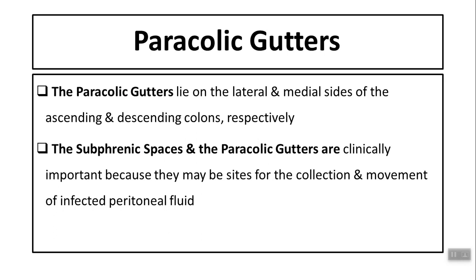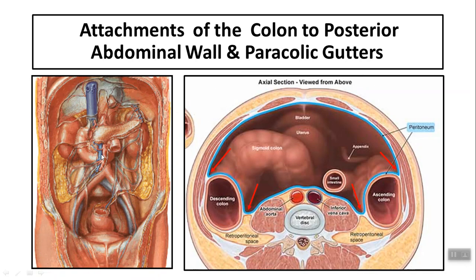As we said, the subphrenic spaces and the paracolic gutters are clinically important. Why? Because there is a continuity in between them, and they may be a site for the collection and movement of infected peritoneal fluids. Here we see the ascending and descending colon, and this site of reflection of peritoneum covering the colon.